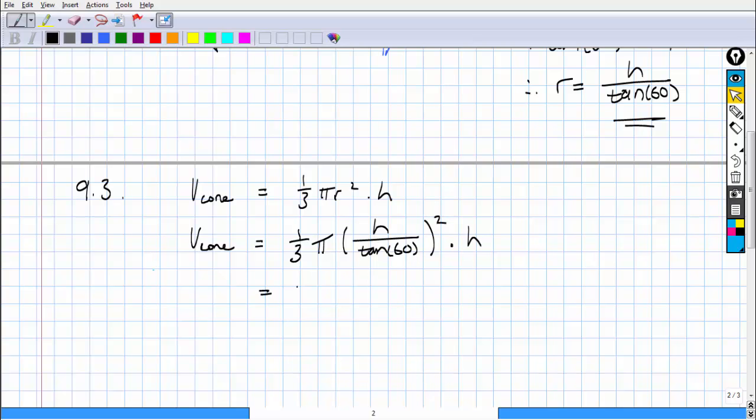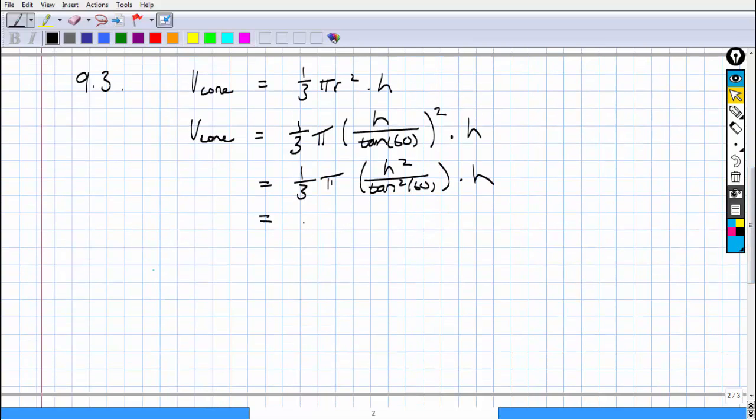So we square that and we end up with 1 over 3 pi times h squared over tan squared 60 times h, and we simplify that further and we see it's 1 over 3 pi times h cubed over tan squared of 60.